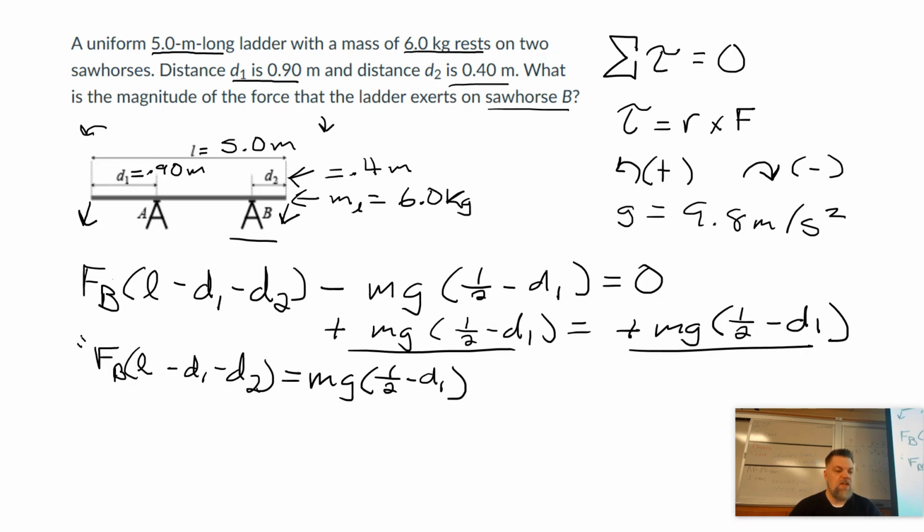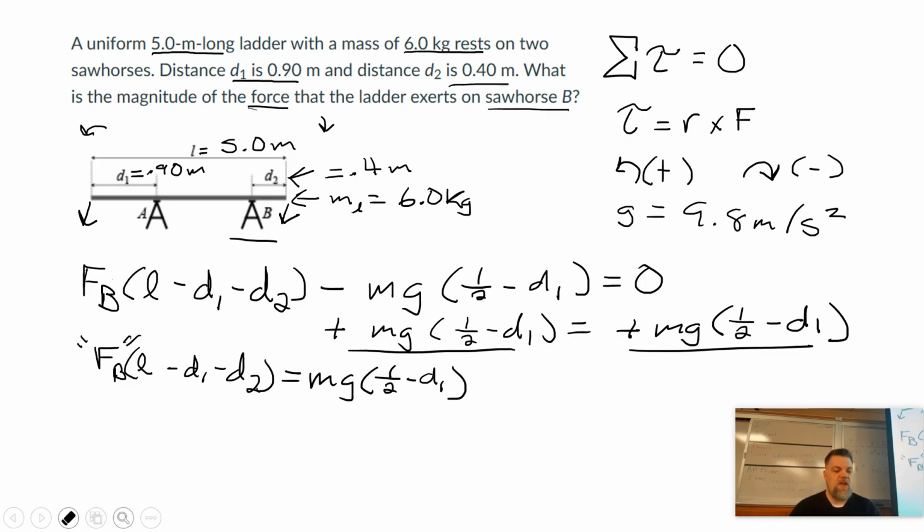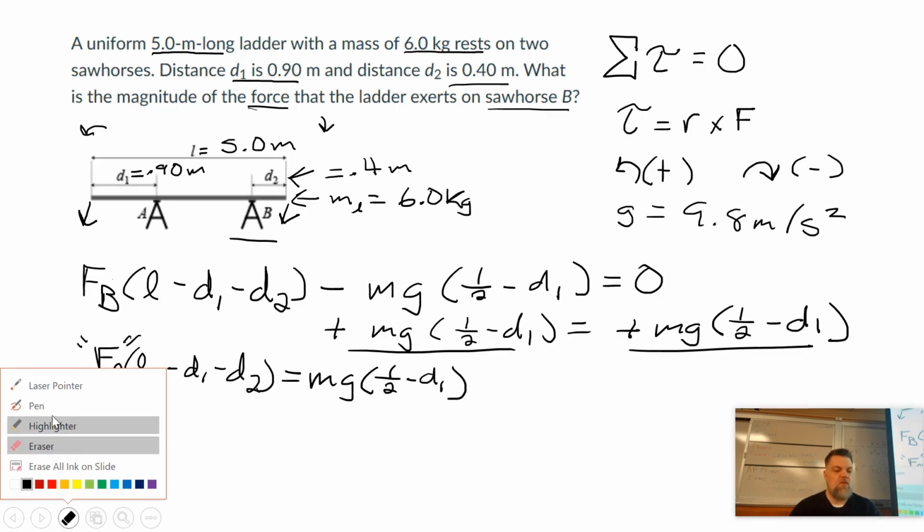And what am I trying to figure out? The force applied to B, because that's what they're asking. What is the magnitude of the force exerted on Sawhorse B? All right, so let's plug in what we know. Or actually, let's solve this algebraically. Let's get FB by itself.